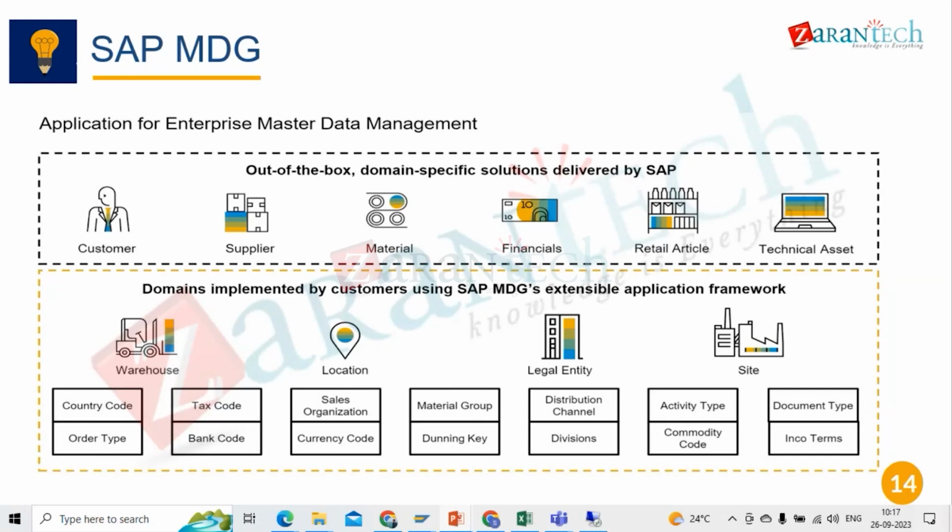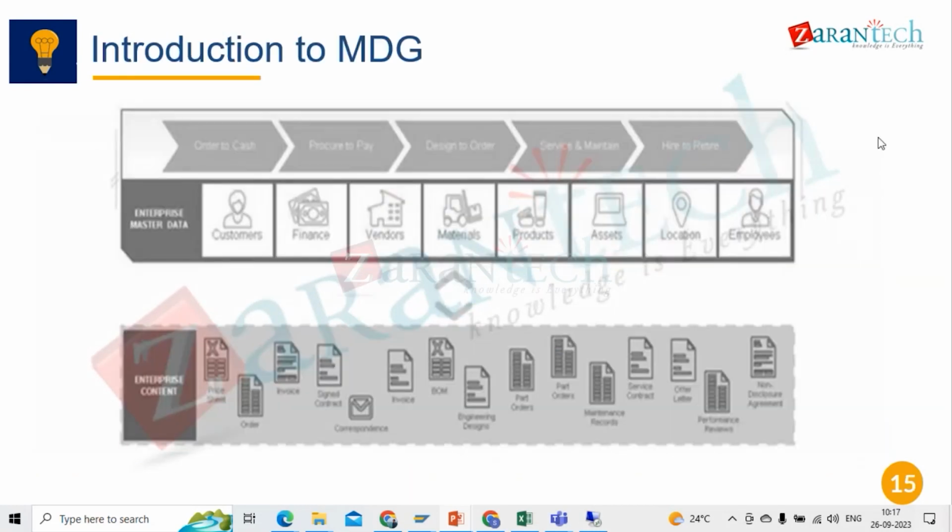Okay, let me go to the next slide now. Here you can see the introduction of MDG. We already covered all the examples. Now I will explain what master data governance is.